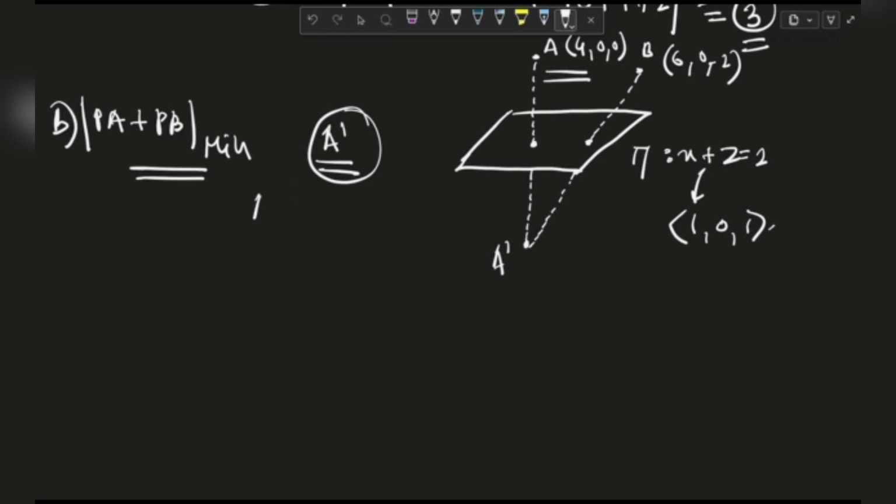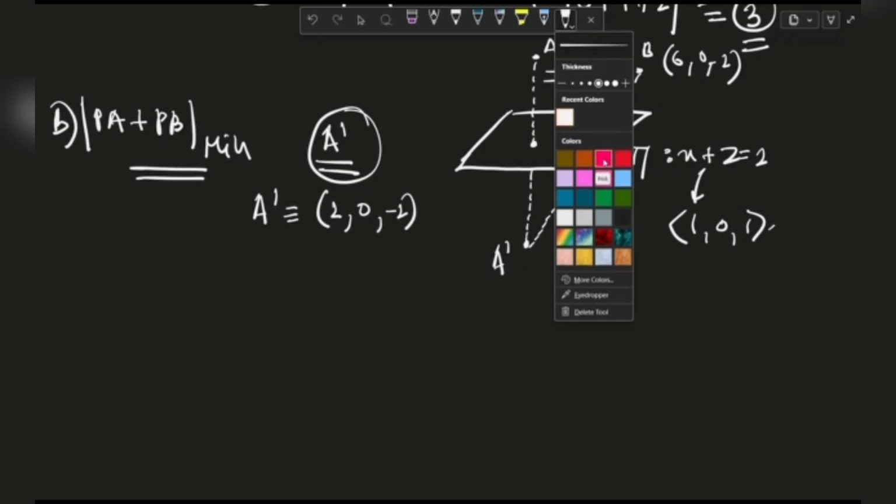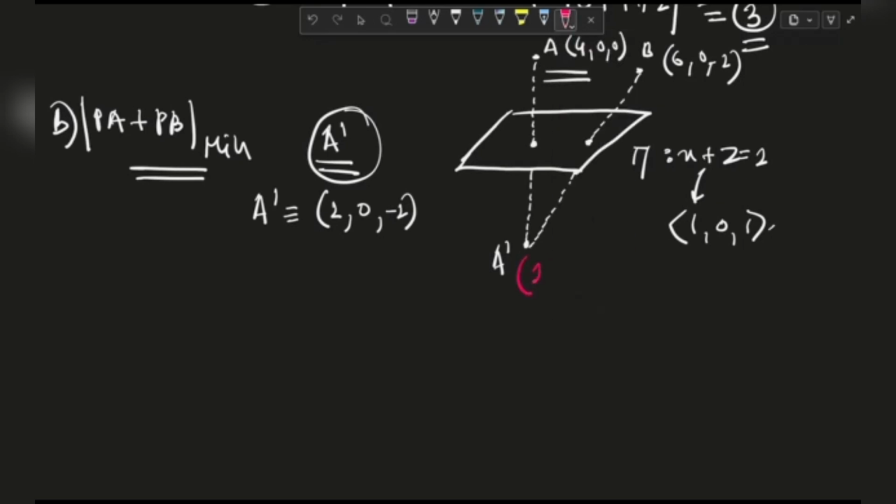So basically we will get A dash as, I have calculated this already, 2, 0 and minus 2. I'm writing it here. Or maybe I will use a different ink, otherwise you will get confused. So this thing is 2, 0 and minus 2. We have found this out, okay?